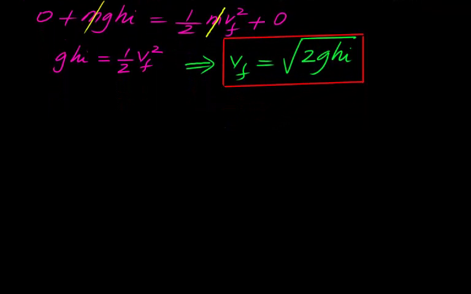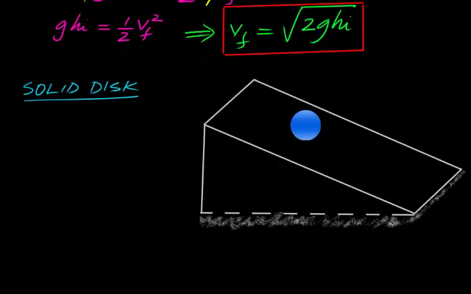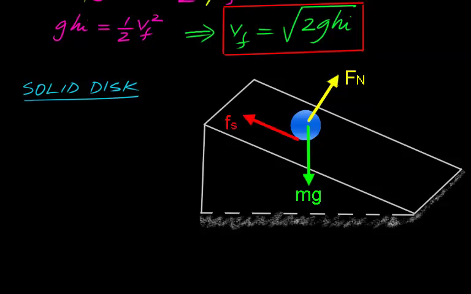In the case of the solid disk, there are 3 forces acting on it: the normal force, which is acting perpendicular to the surface of contact; the weight mg, acting straight down; and the static friction force, acting up the incline and parallel to the surface of contact.